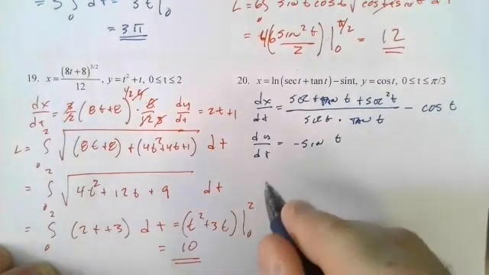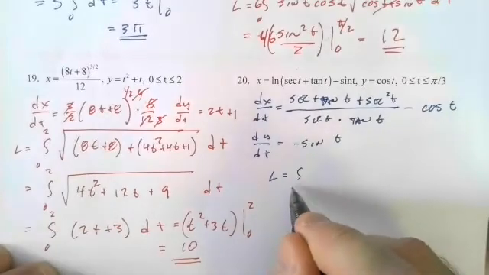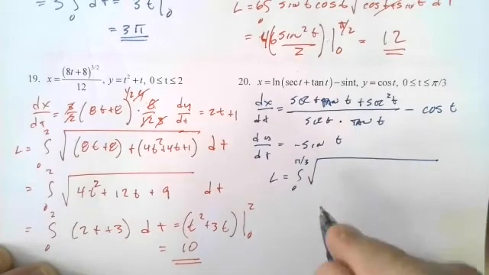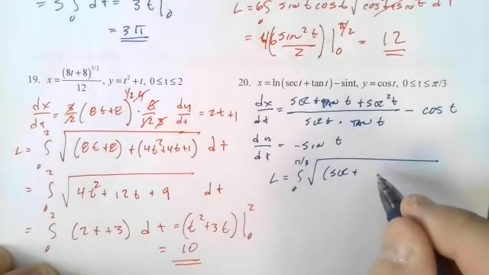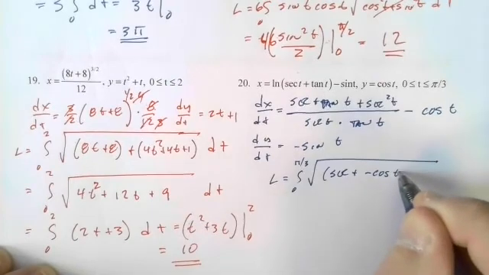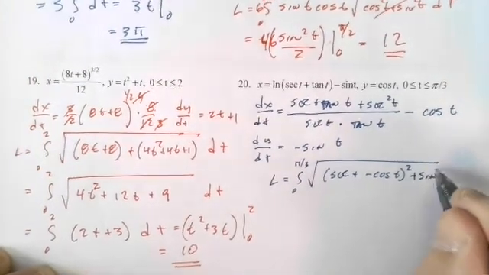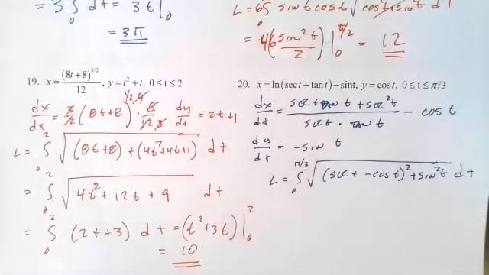I'm shortcutting. I'm just going to cut to the chase. L equals the integral from 0 to pi over 3 of the square root of secant of t minus cosine t, squared, plus sine squared t. Yes, that's right.